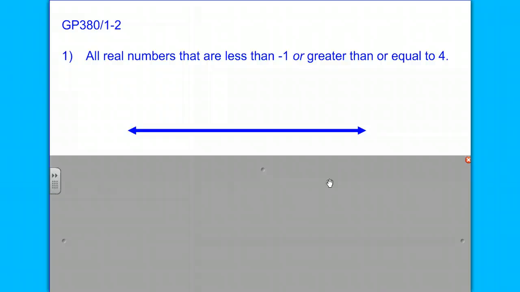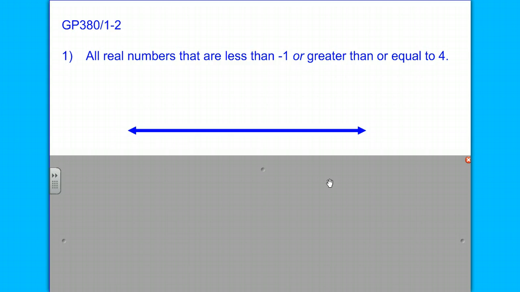I mean, look, an or means we do not have a segment that is overlapping solutions. We're going opposite rays. Okay? So will we have one 3-part inequality or 2 little inequalities? 2 little inequalities, right.